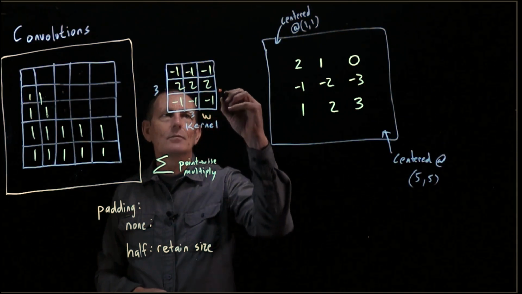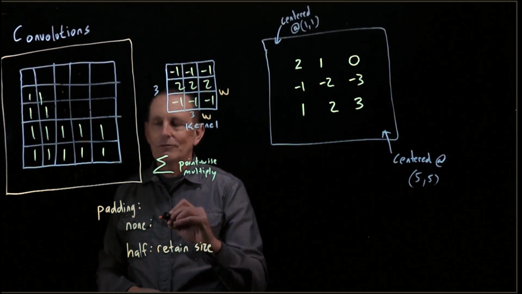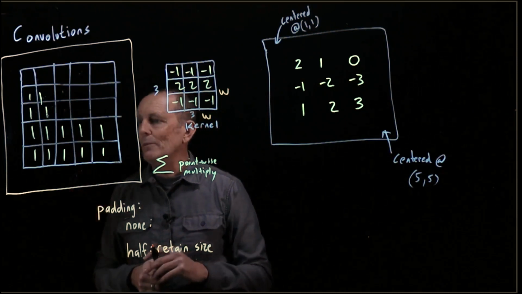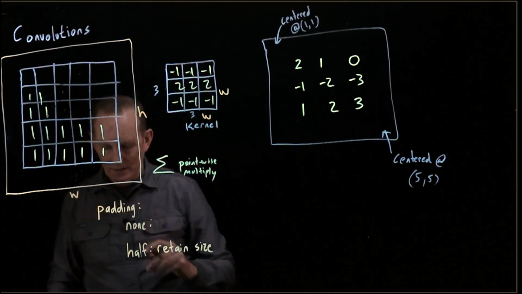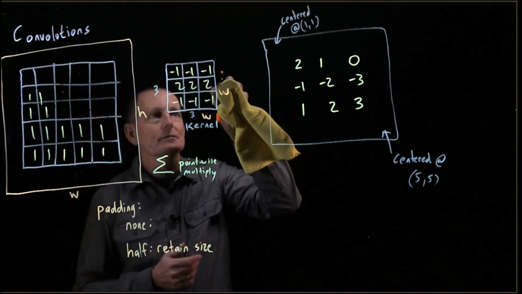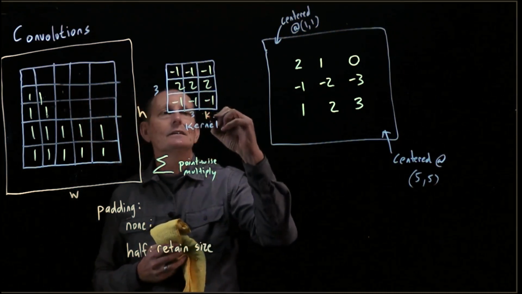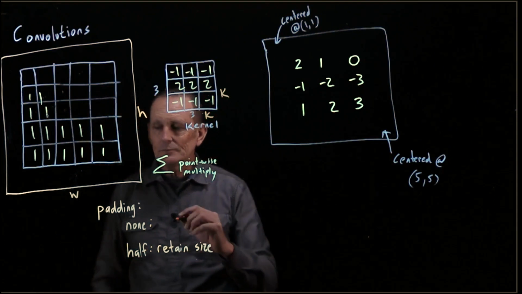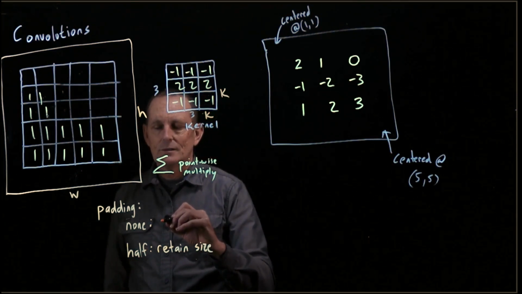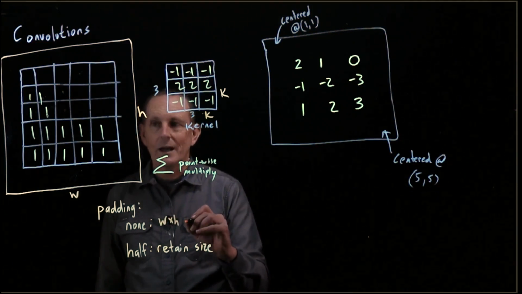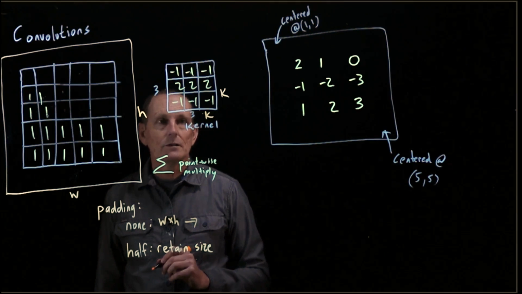Let's say we just look at this as W by W. Well, in that case, this is the height, and this is the width, and let's call this K. So this is K by K. In this case, something of the form width by height goes to something smaller.